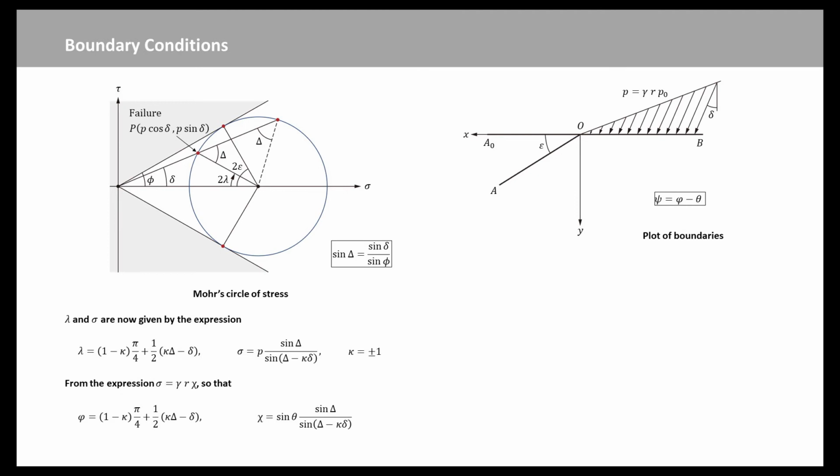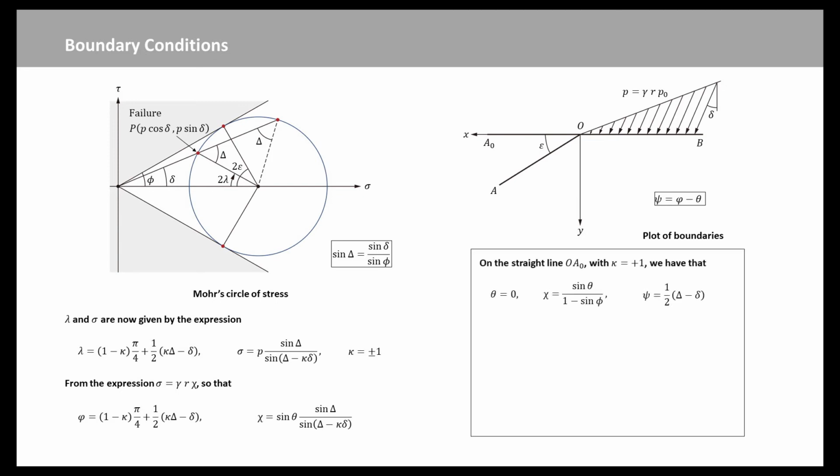We shall investigate the region of limiting equilibrium AOOA, in which a simple stress state exists, and the adjacent limiting region AOB. These regions are divided by a straight line, a slip line, theta equal to epsilon passing through the point O and denoted by OA.